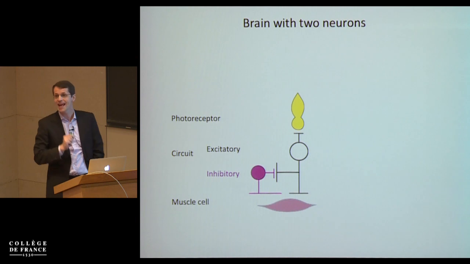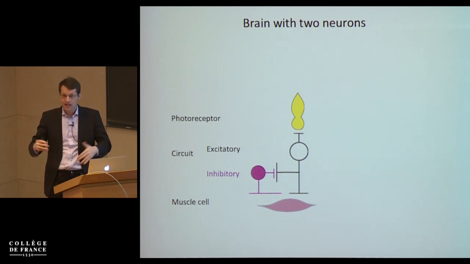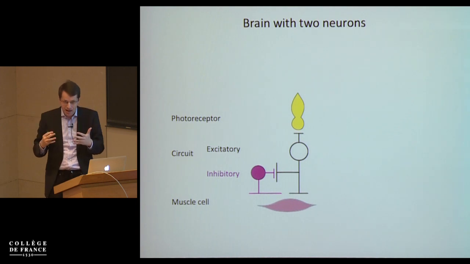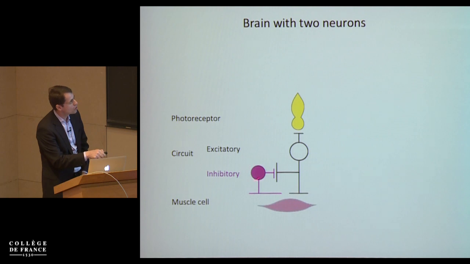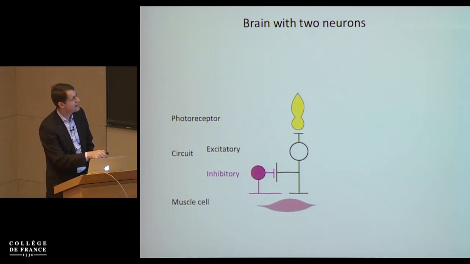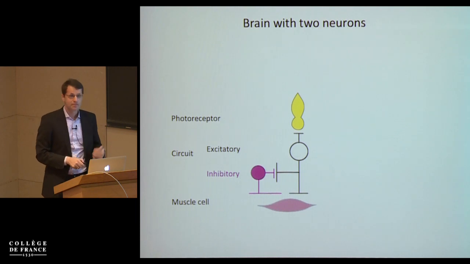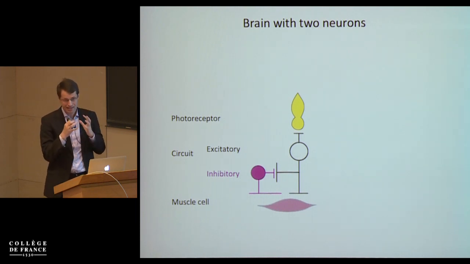The inhibitory neuron alone cannot do anything because the muscle is relaxed. The inhibitory neuron tells the muscle to relax, but it's already relaxed. It's not going to do anything, right? So inhibition only makes sense when it comes simultaneously with excitation, and then when an inhibitory input comes, it can counteract an excitatory input. Okay, so there is an asymmetry here.